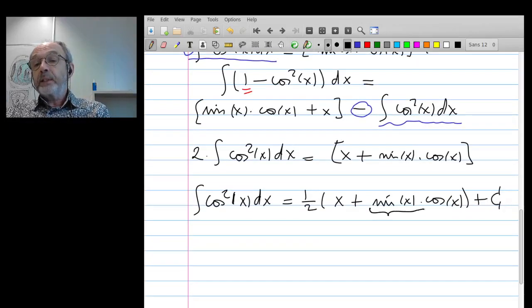And what do I see here? Here I see almost, what is that? That is equal to 1 over 2 times the sine of 2x.